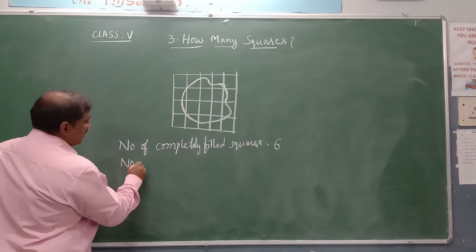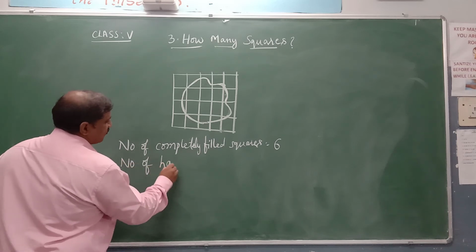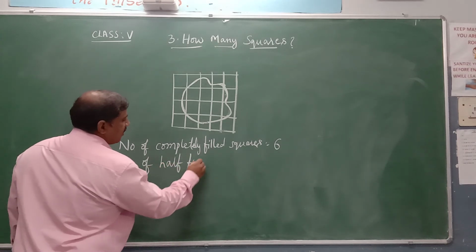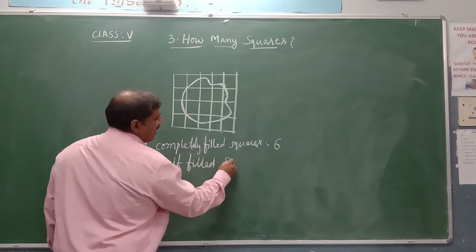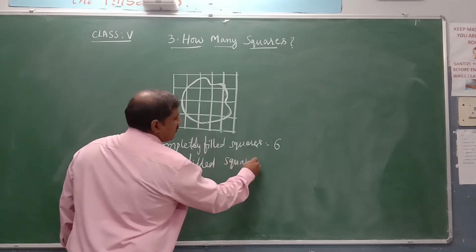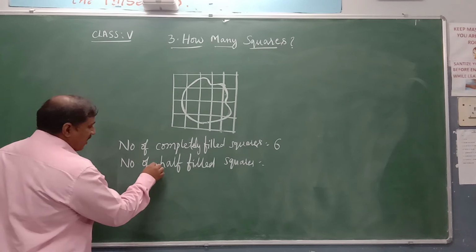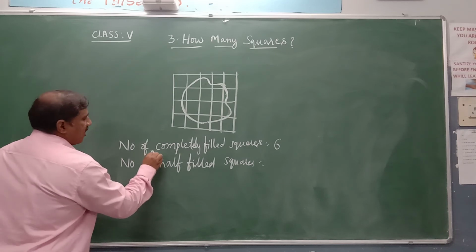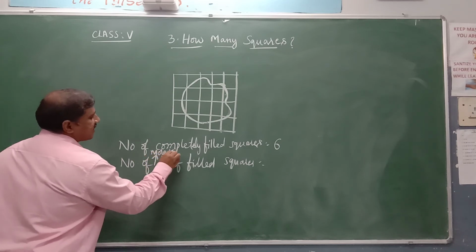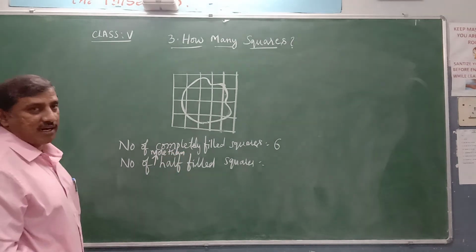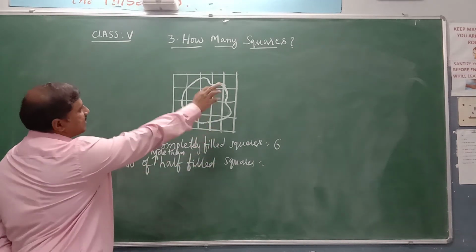Next you find the number of half filled squares. Or first you count the number of more than half filled squares. How many are there more than half filled squares? You count. Yes, here you count.